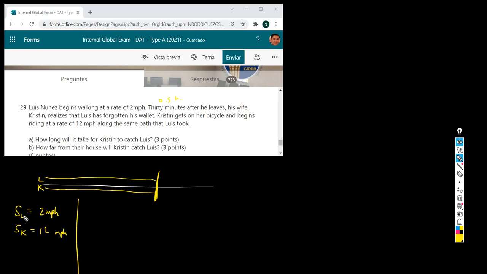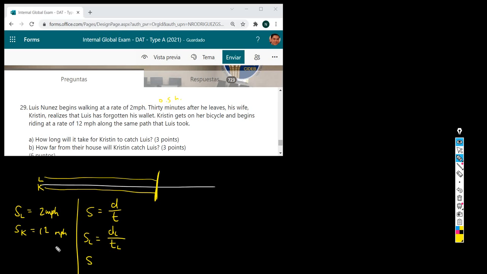So remember, what is speed? Speed is distance over time by definition, and therefore I can write the following two equations. One for Luis: the speed of Luis is equal to the distance traveled by Luis over the time spent walking by Luis.